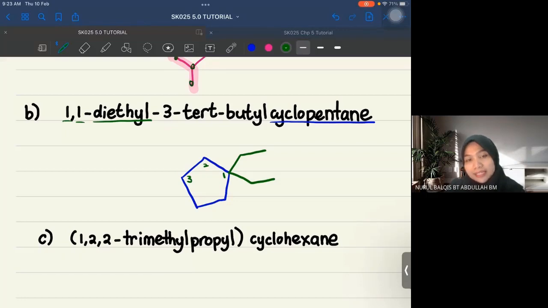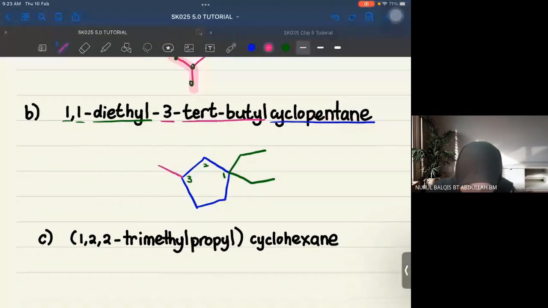What is meant by tertiary? Maksudnya, the carbon has 3 alkyl groups attached to it, not including the parent chain, but altogether they have 4 carbons. So this tert-butyl, dekat carbon number 3, kita ada 1, 2, 3, 4.